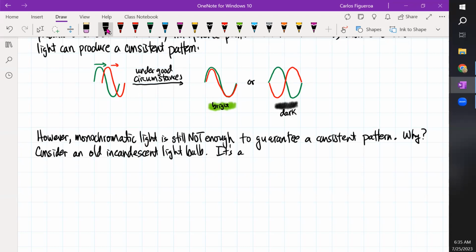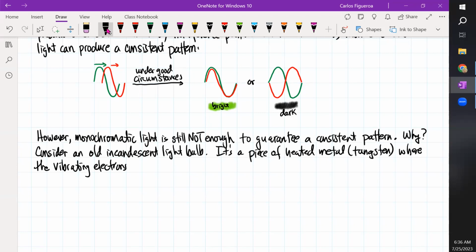It's a piece of heated metal. The metal that's typically used is tungsten, where the vibrating electrons produce or emit electromagnetic light.